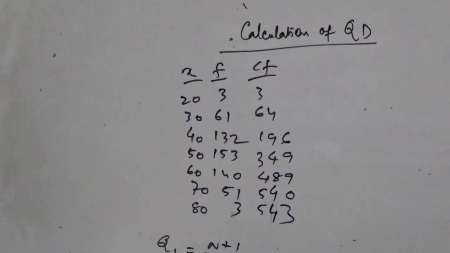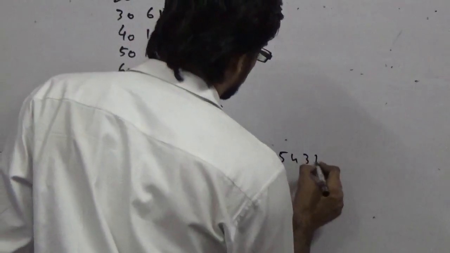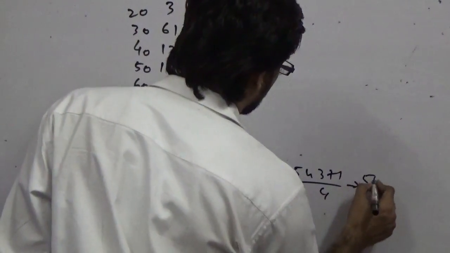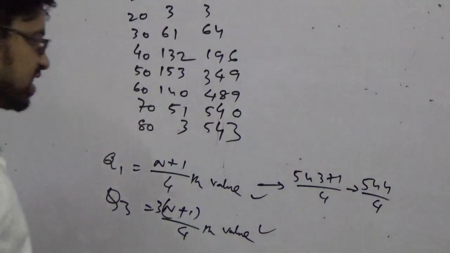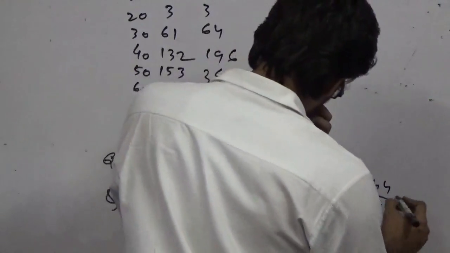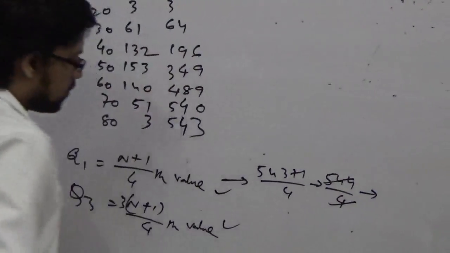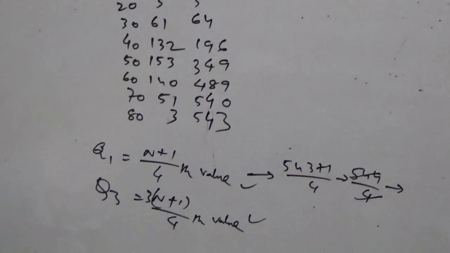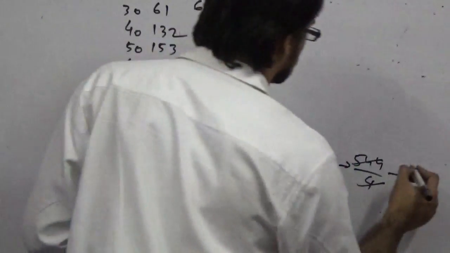So now Q1, if you put the value, is 543 plus 1 by 4, so 544 divided by 4, that is 136. This is very important. So it is the 136th value.